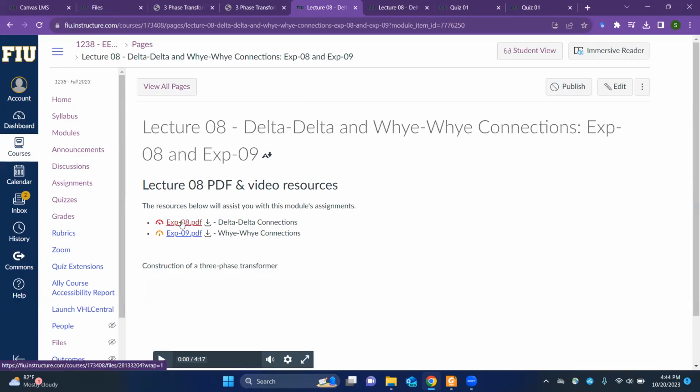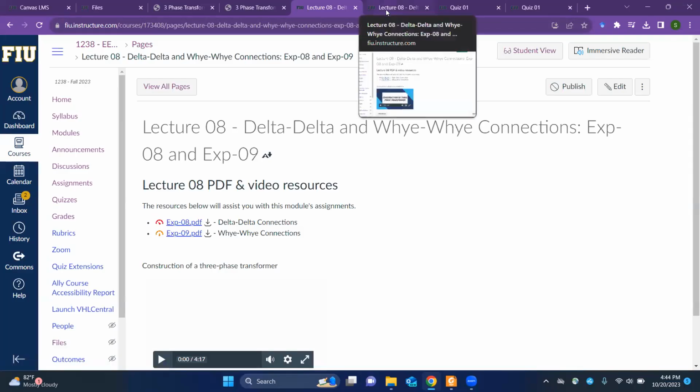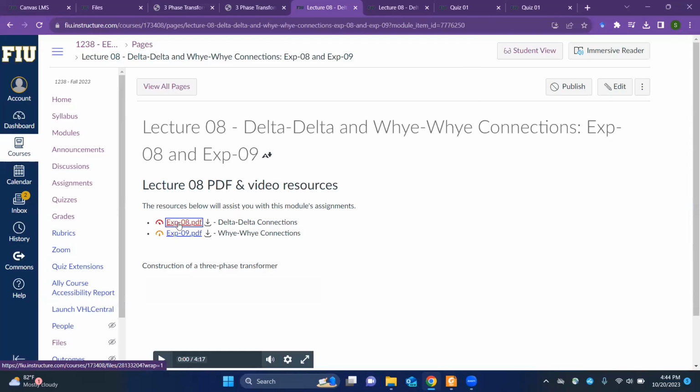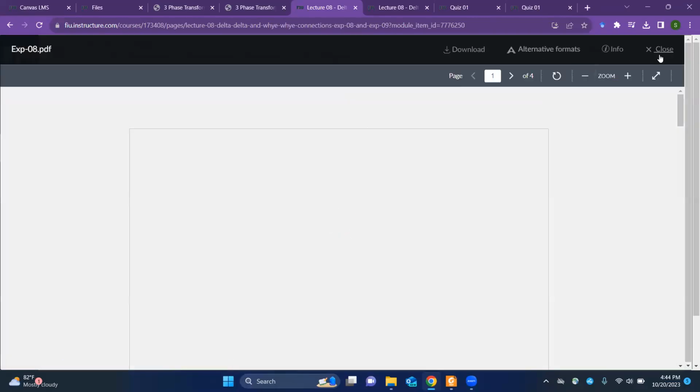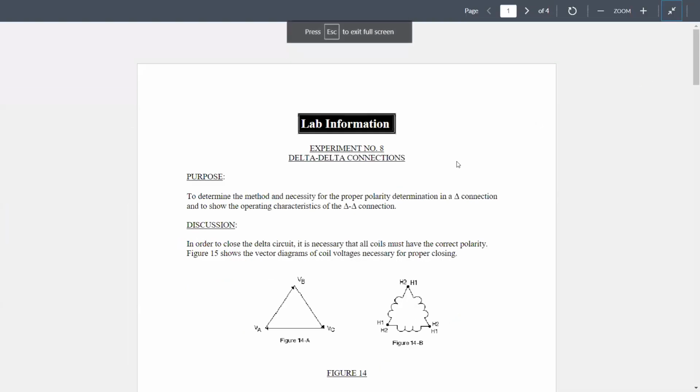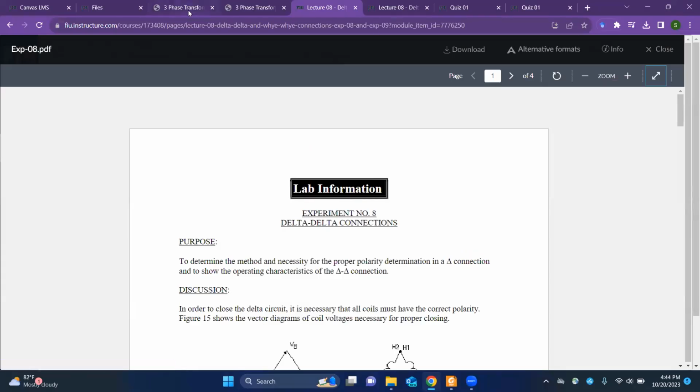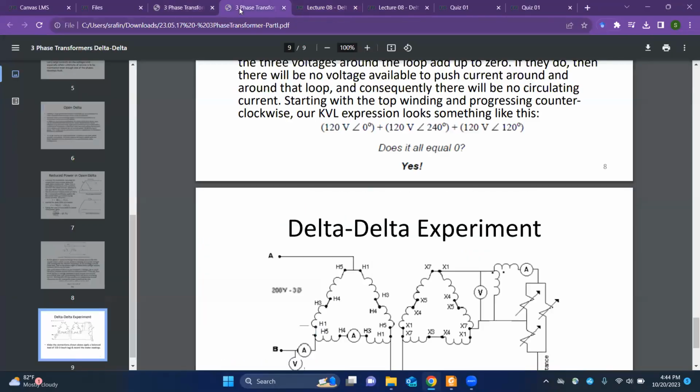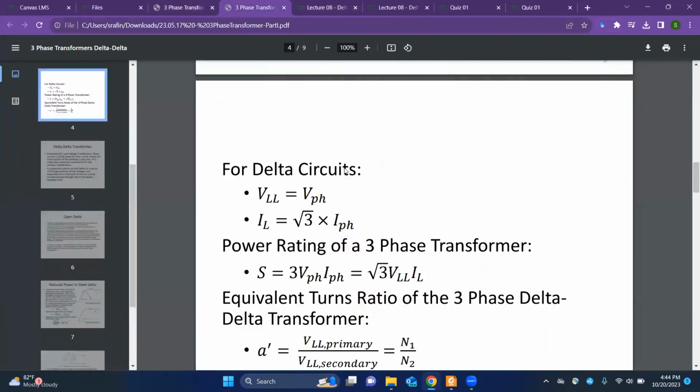So yeah, let's start with experiment number 8 first. Okay, so before doing that, I think I should cover some three-phase transformer theory part.